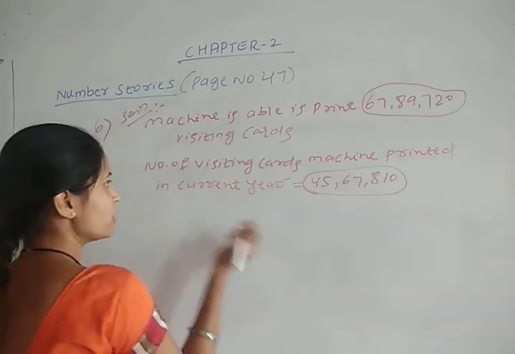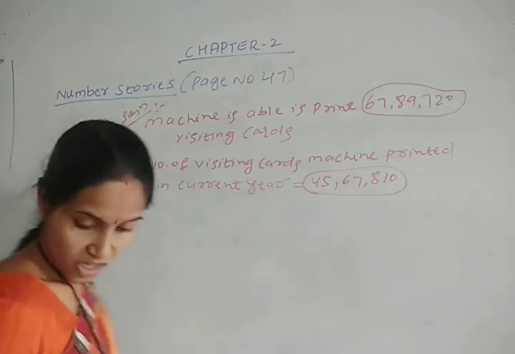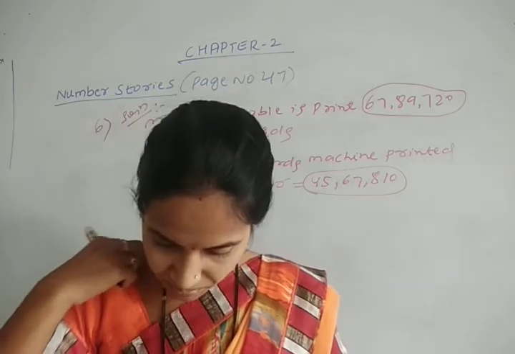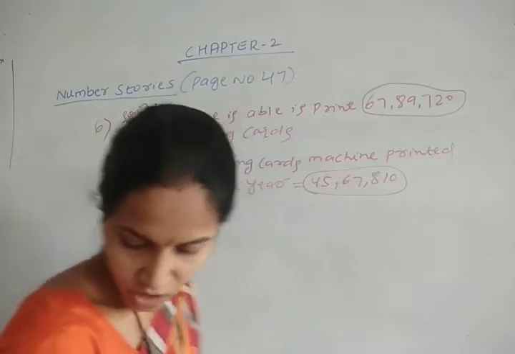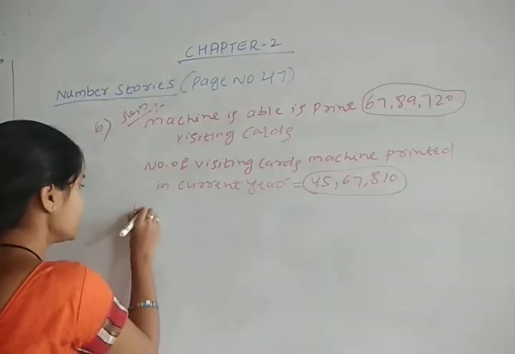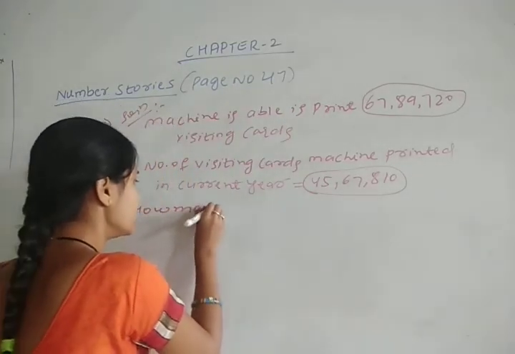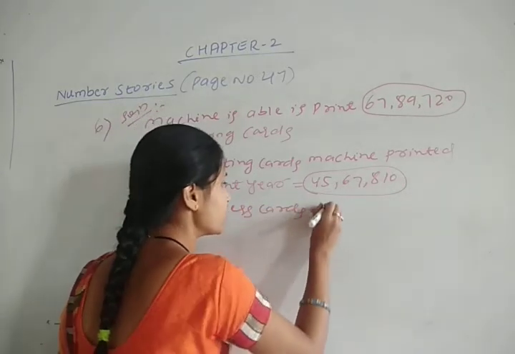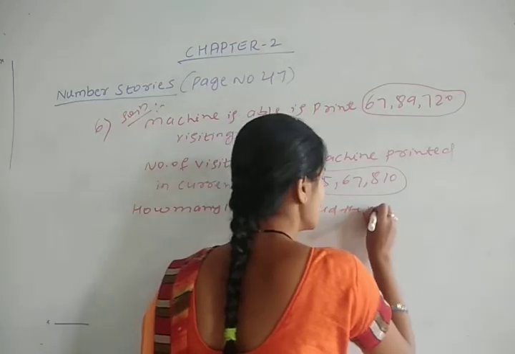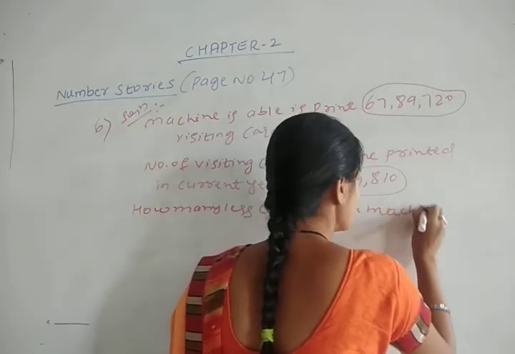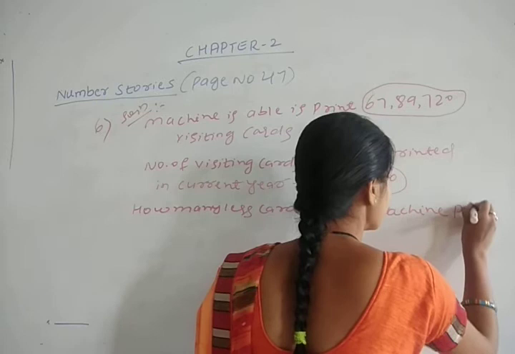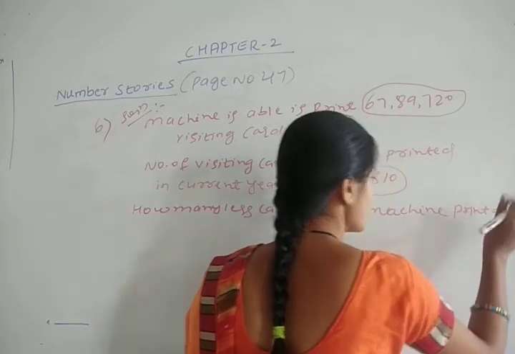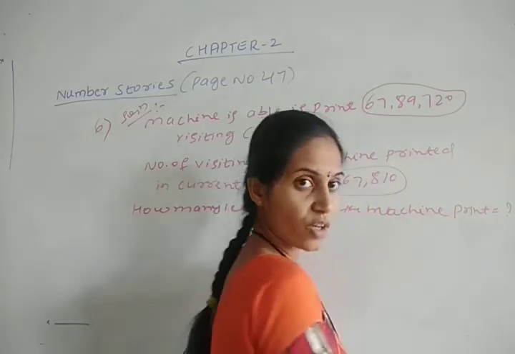Now here one more thing. They are asking you to find how many less cards did the machine print. I will write, how many less cards did the machine print? So this is what we are going to find.